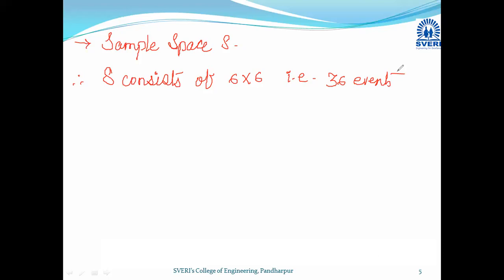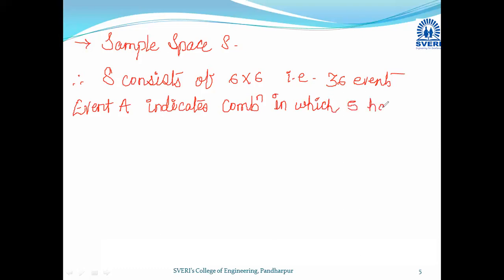Sorry, 36 events are there. Now, event A indicates the combination in which 5 has appeared at least once.